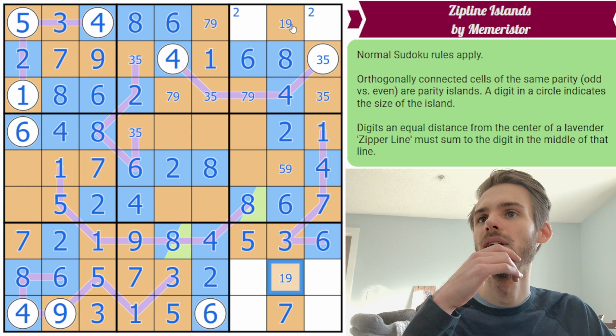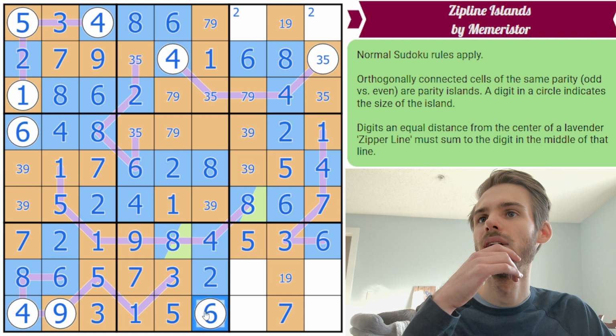So the 1, 9 pair gives us a 5 here. We can also fill in a 1 in this cell because these 2 cells in the row cannot be 1s. This is now either a 7 or a 9. This is now a 3, 9 pair. 3, 9 pair in here too. This is also a 3, 9 pair.